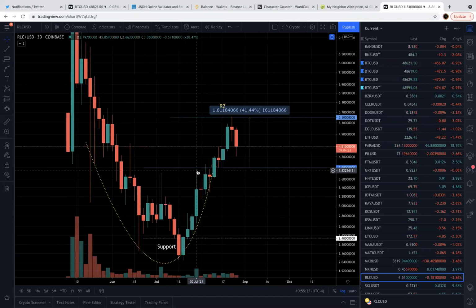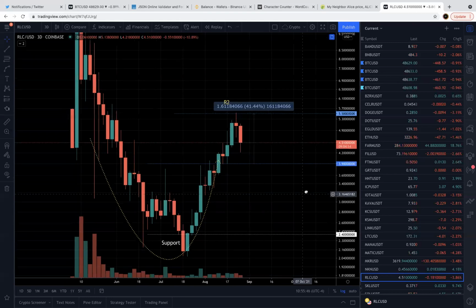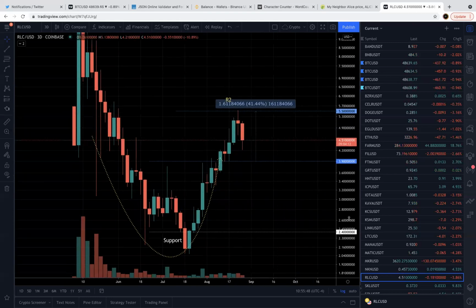As you can see here, tiny gap, R1, and then it breaks up, then here a little. Anyway, so this is accurate enough. So this is a normal reaction from resistance and then BTC's reaction. So that explains.